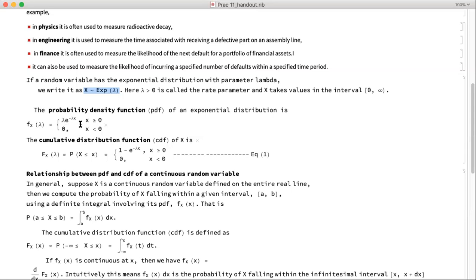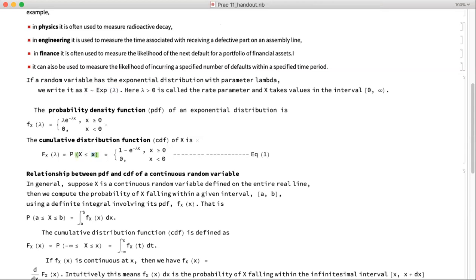It's lambda e to the power minus lambda x when x is bigger than or equal to 0, and 0 otherwise. The other property is the cumulative distribution function, the CDF, defined using capital F. It is the probability that the random variable X is less than or equal to a given value x, which is 1 minus e to the power minus lambda x.